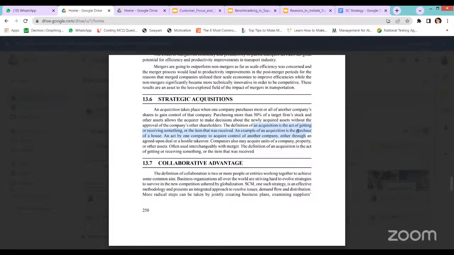Strategic partnership, I'll provide you this. You can get a short answer also. What is a strategic partnership? What is a strategic alliance, a merger? And a short answer. So what is a strategic partnership? A long-term cooperative relationship between two or more independent companies for mutual benefit.